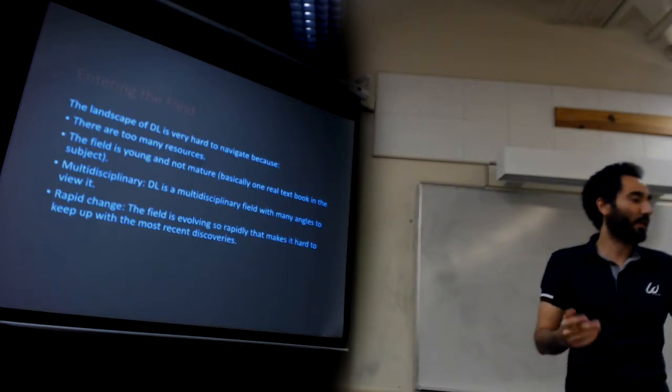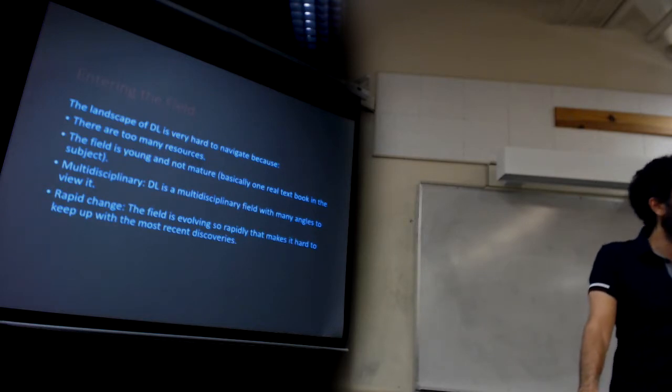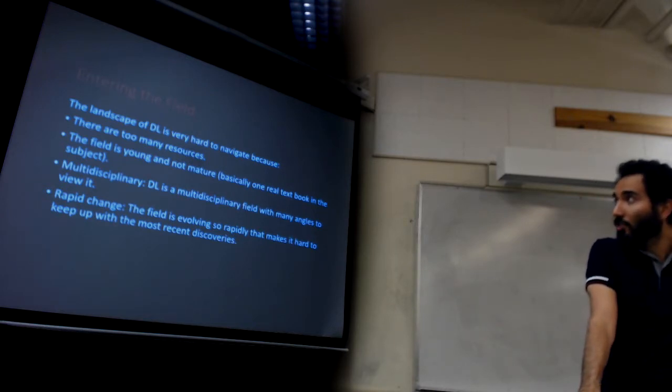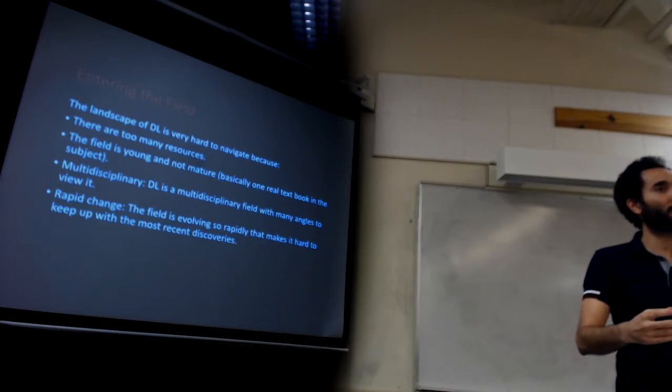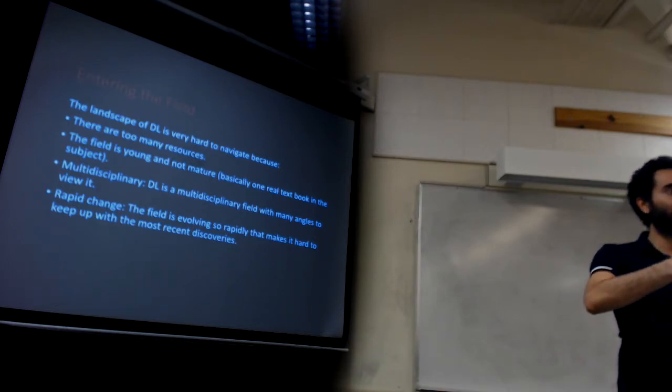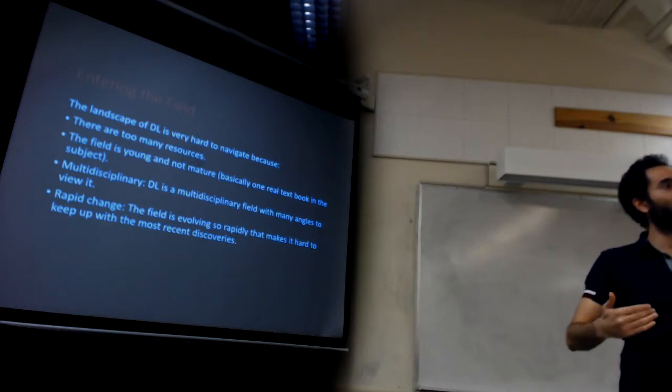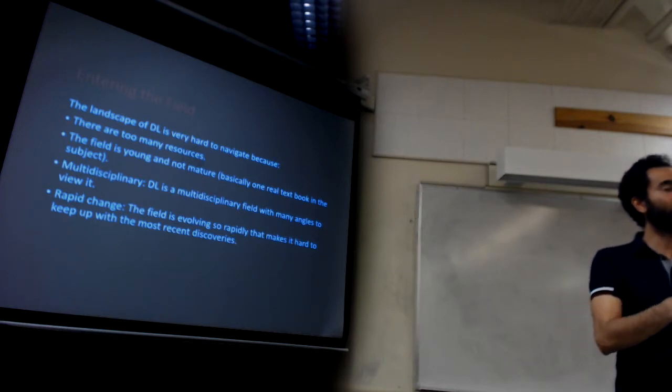So it's making it hard. The second thing is that the field is young and not mature, in the sense that you won't find a very clean, solid resource that starts from the beginning and gets to a decent advanced point in the subject.